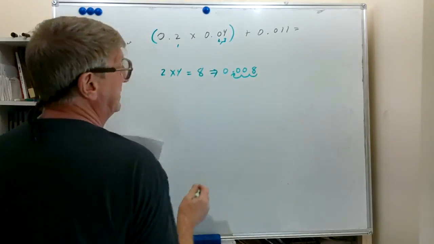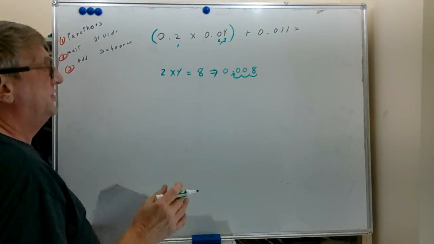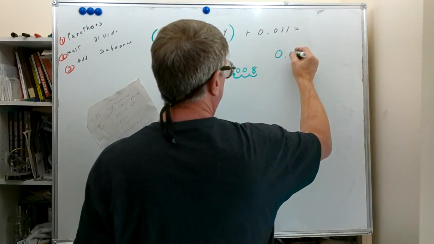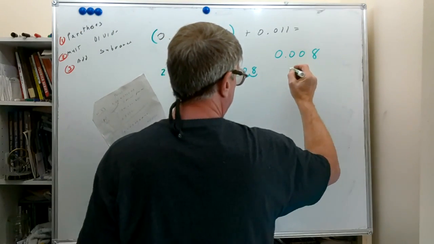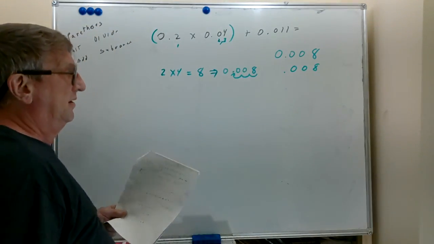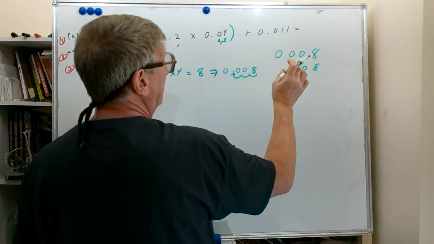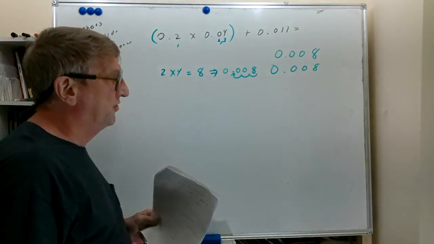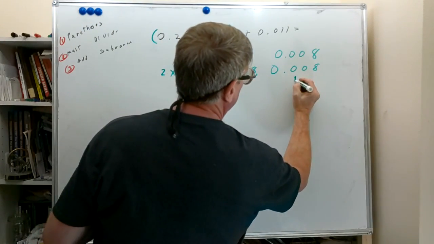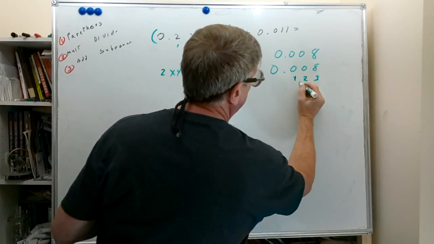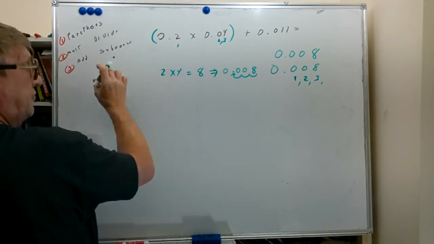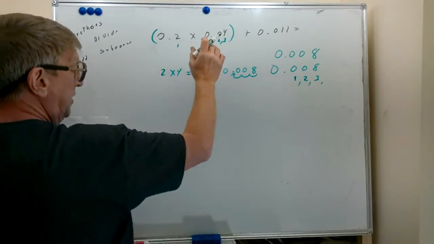And now we're going to put a leading 0 just to offset the decimal point. 0.008 and .008 are literally the same number, but this extra 0 helps our eye focus on the decimal place. We'll notice we have 1, 2, 3 decimal places, just like the total number of decimal places in our problem up here.